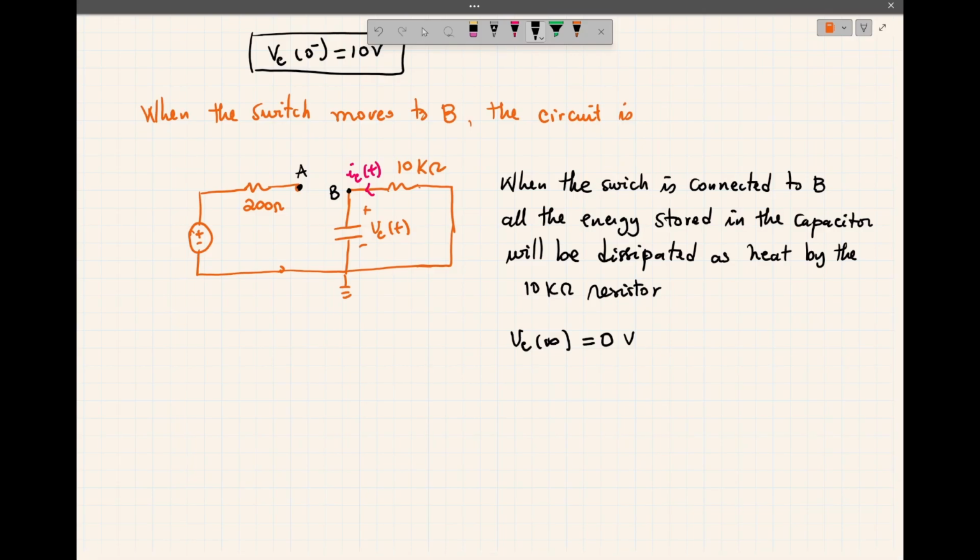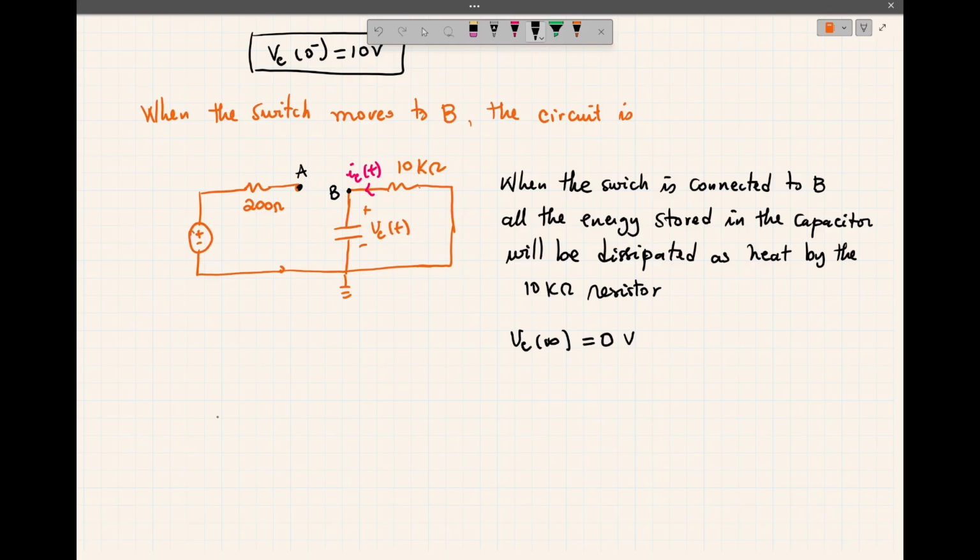So when the switch is connected to B for a long time, Vc after some time will be equal to 0. After 5 time constants, as we indicated in that first video.